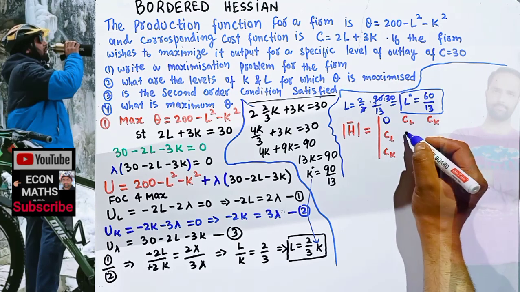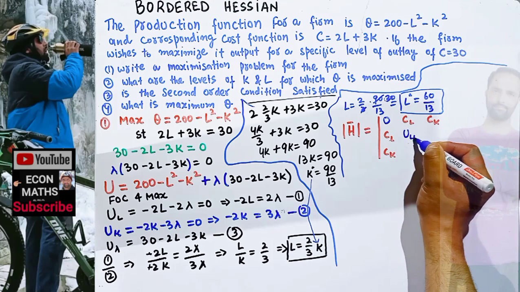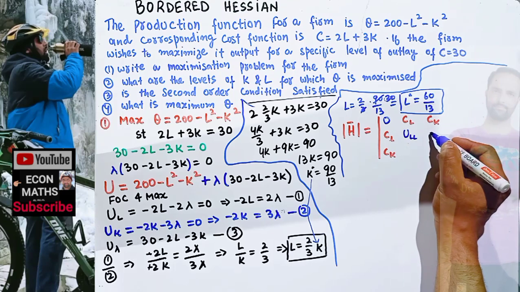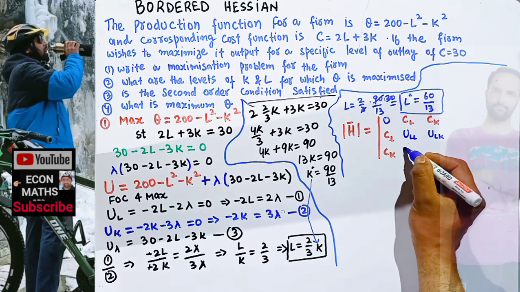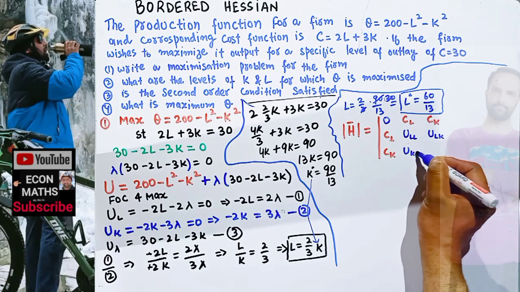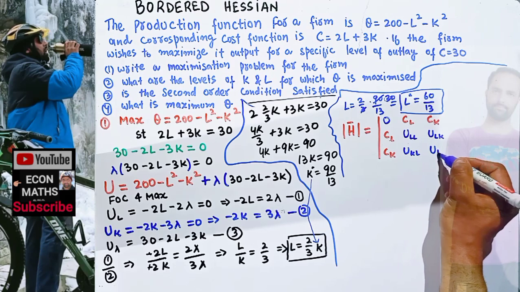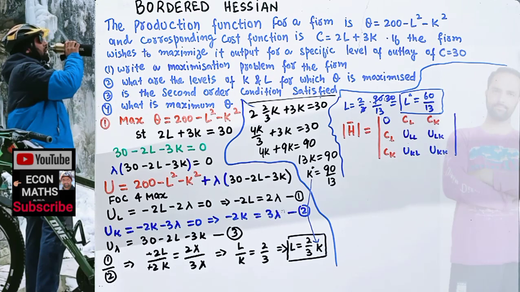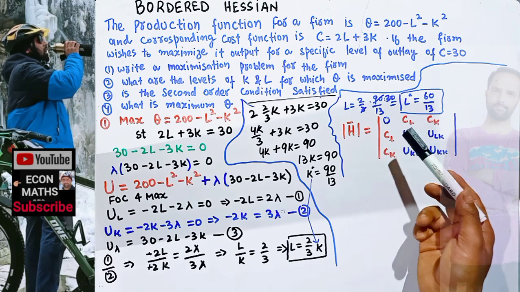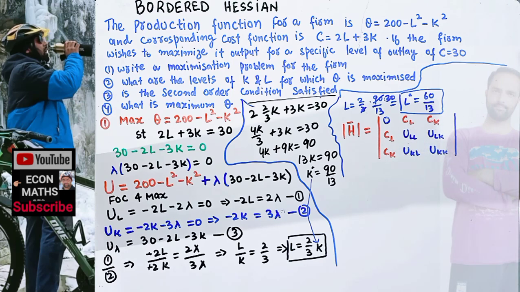Then we have U subscript LL, U subscript LK, U subscript KL, U subscript KK. I will explain what exactly is meant by these terms. First we form this bordered Hessian matrix.